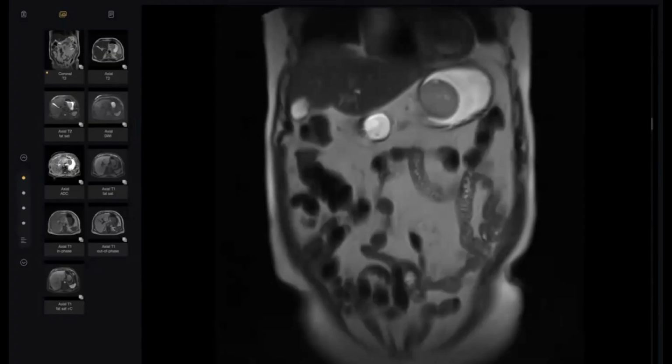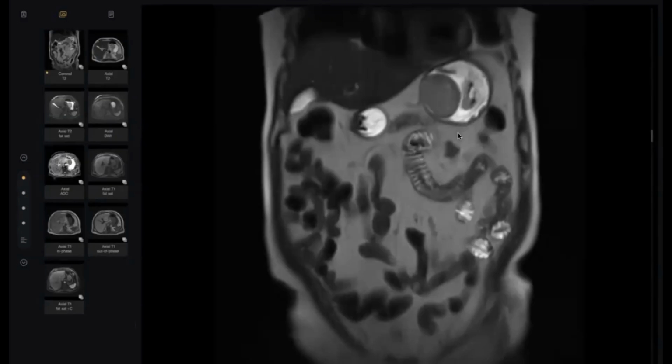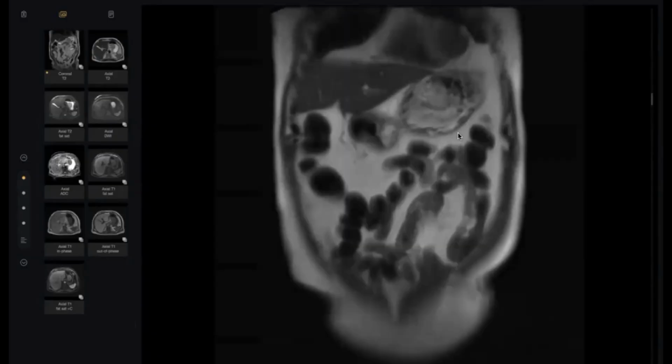On this T2 weighted image, this is a well-defined area that is isointense. There is no obstruction, and the bowel loops distal to it appear normal. I would like to see it on any other imaging sequence as well.